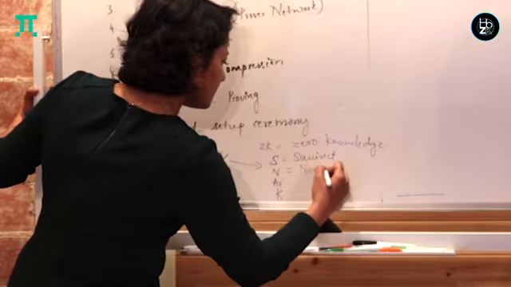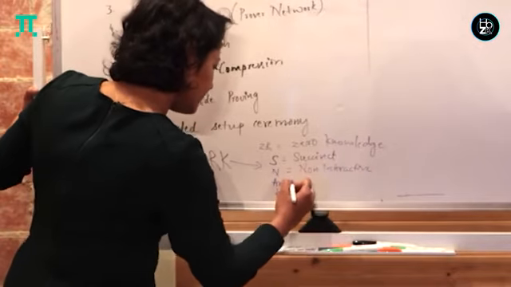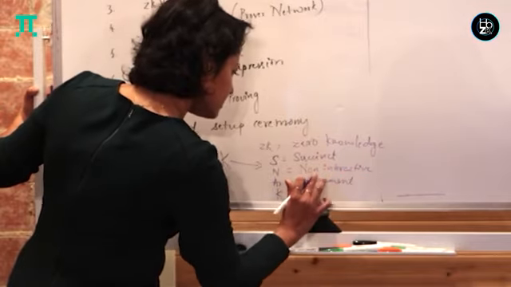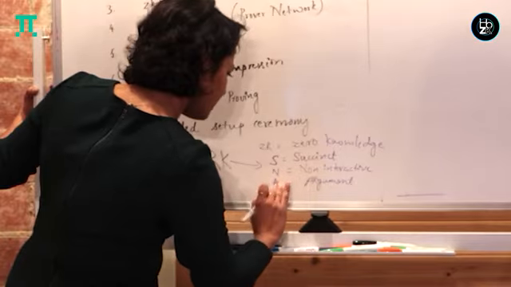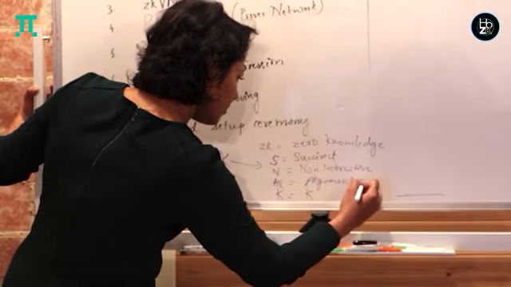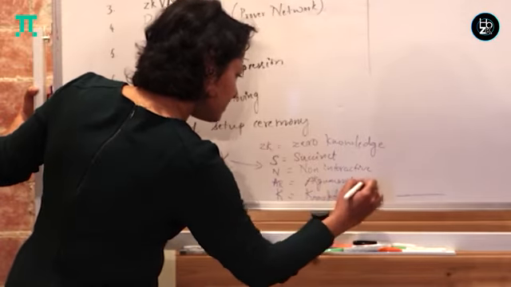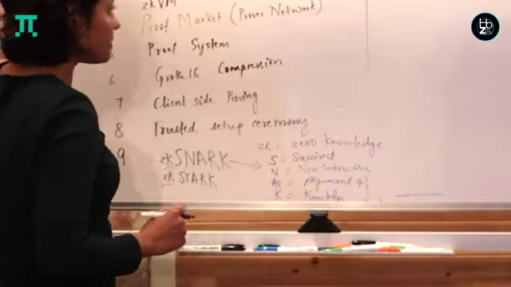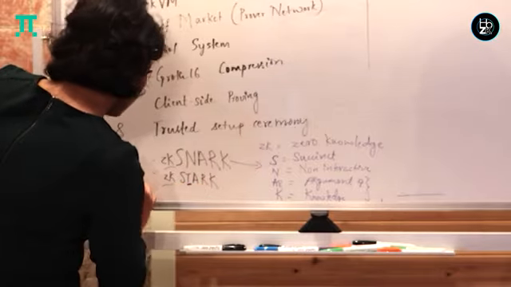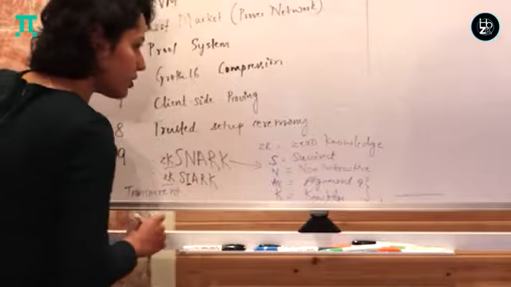There is no interaction between the prover and the verifier. ARK is an argument of knowledge. Not to worry about what that means, to keep this at an intuitive level. And T here means transparent, because there is no need for a trusted setup.